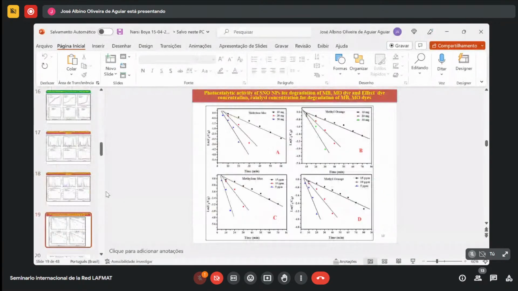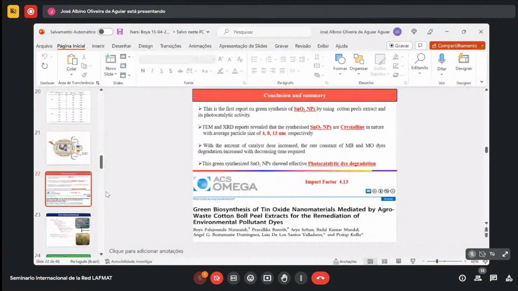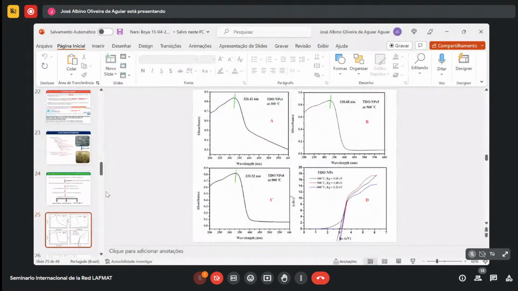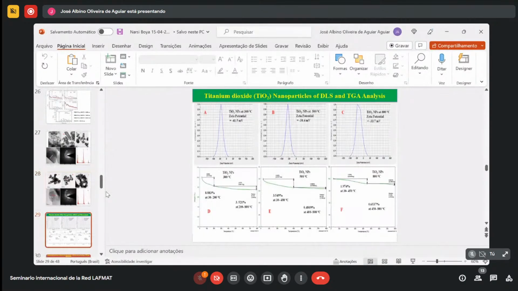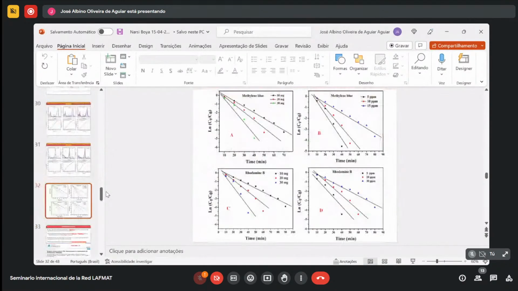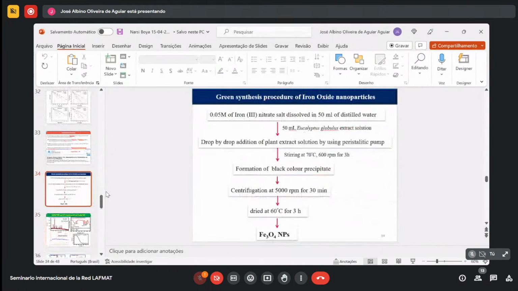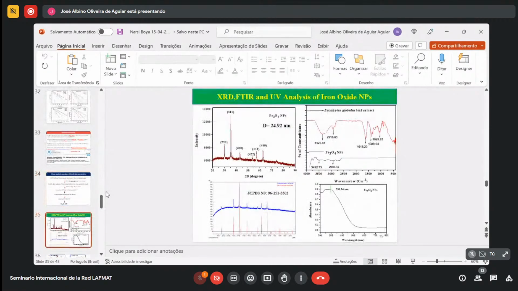In magnetite, there is a 511 peak. This peak is important because maghemite also has an equal peak. This is the X-ray.